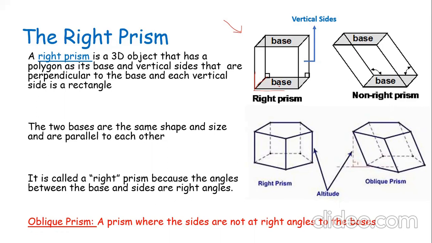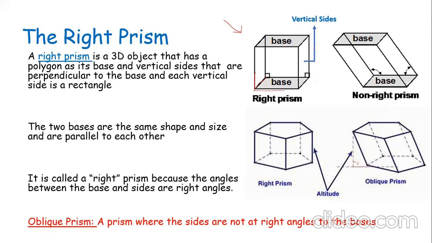We can see that the bases here are parallelograms. It's not very clear whether they are rectangle or square, but I think they are just parallelogram. It doesn't show exactly that this angle is a right angle. So we consider them to be parallelograms.